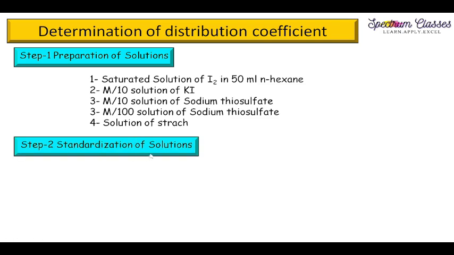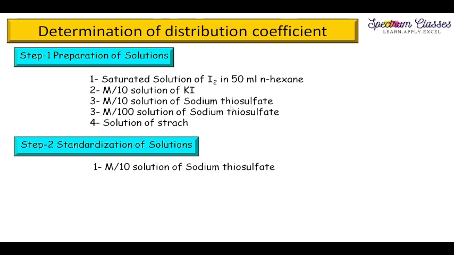The second part is standardization of solutions. We need to standardize the sodium thiosulfate, because it is not a primary standard. For this purpose we standardize the sodium thiosulfate against potassium dichromate, K2Cr2O7 solution.